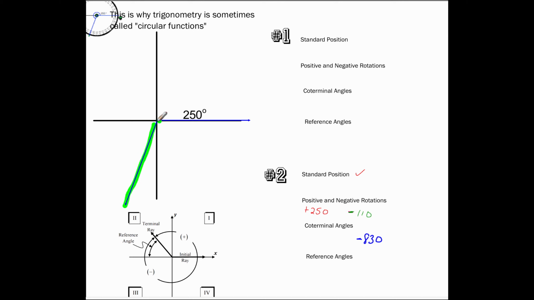Here is my x-axis. So I want the angle that's formed in between those, and that is my reference angle. And indeed, that is going to be acute, because it's definitely less than 90 degrees. We'll call it theta.